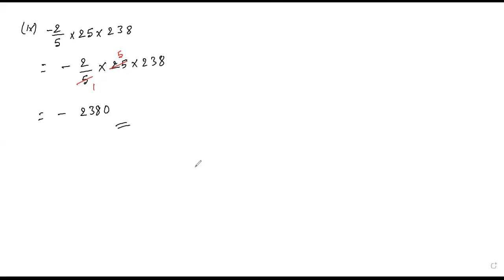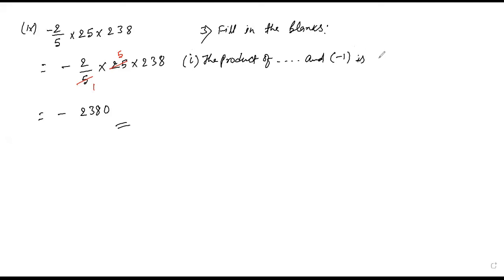Okay, now number 3. Fill in the blanks. Number 1: the product of dash and minus 1 is minus 35. Number 2: dash into minus 8 is equal to 96.